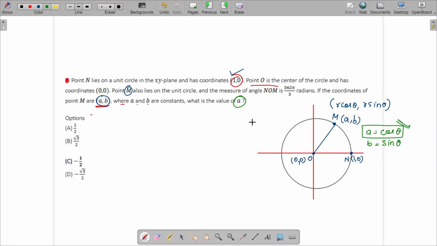Let's ignore b for now. I know that a equals cos theta, and you already know the value of theta. The angle is already given: 562 pi over 3.